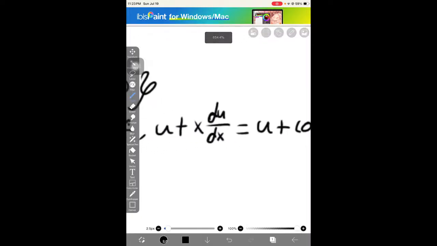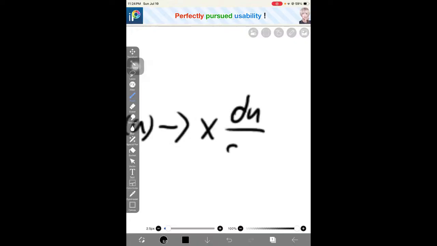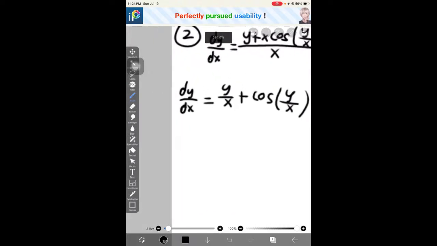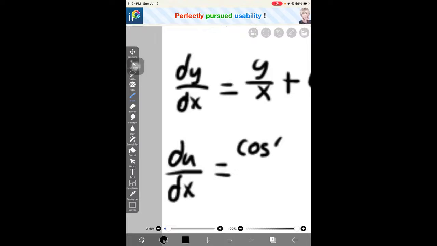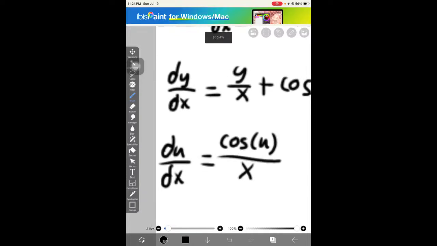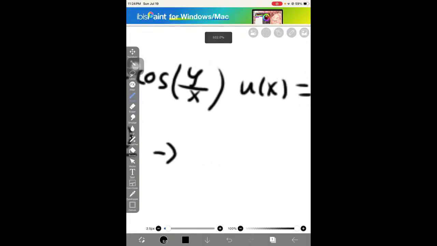Look here, we can cancel them. That's not needed. Now finally we have this very nice equation. Now I can separate the variables.